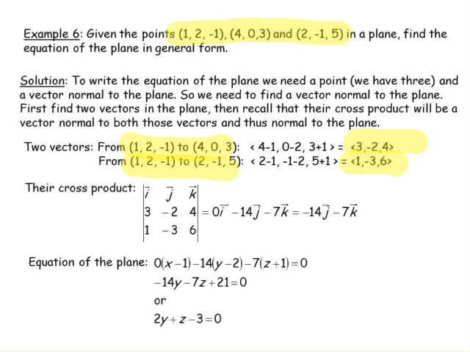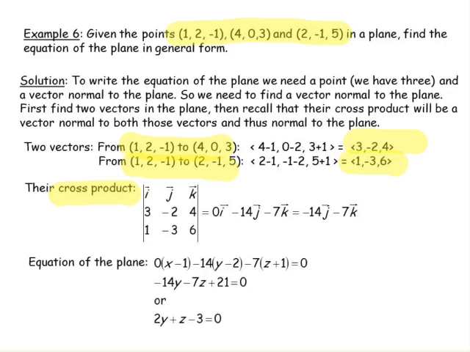So when I take their cross product, the result will be a vector that is orthogonal to those two vectors, or in this case, orthogonal to the plane itself. So here's my cross product. We put in i, j, and k. Then we put in our two vectors, and we end up getting the vector 0, -14, -7.